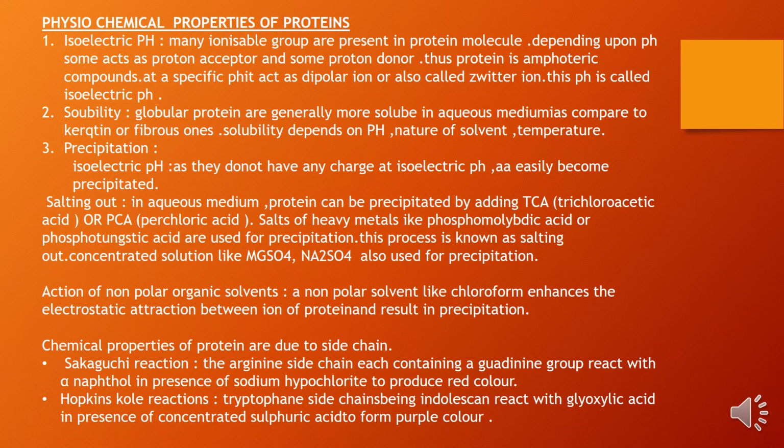Chemical properties of protein are due to the side chains. Sakaguchi reaction: the arginine side chain, containing a guanidine group, reacts with naphthol in the presence of sodium hypochlorite to produce red color. Hopkins-Cole reaction: the tryptophan side chain, being an indole, can react with glyoxylic acid in the presence of concentrated sulfuric acid to form purple color.